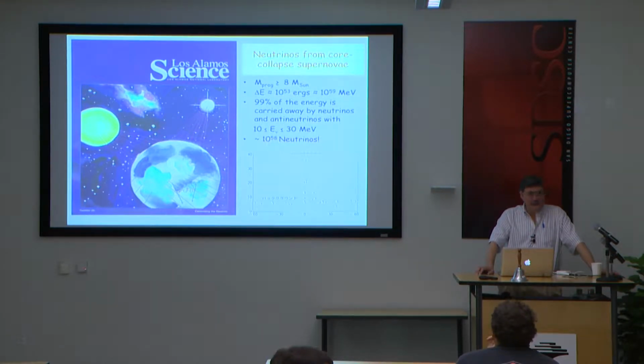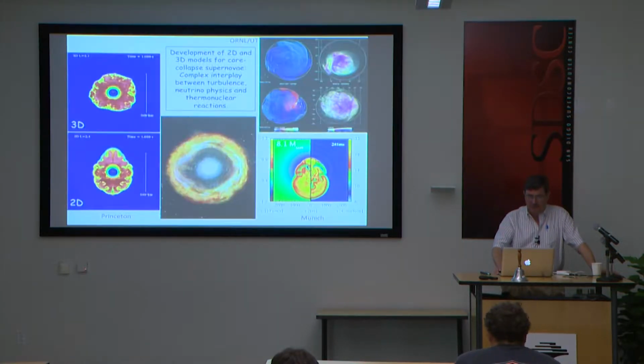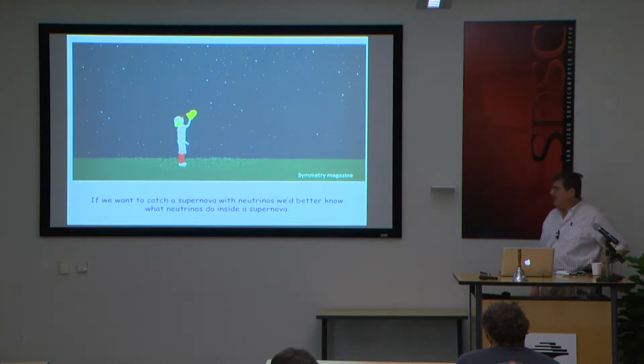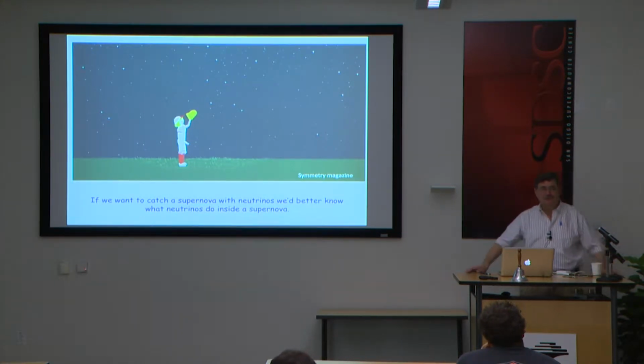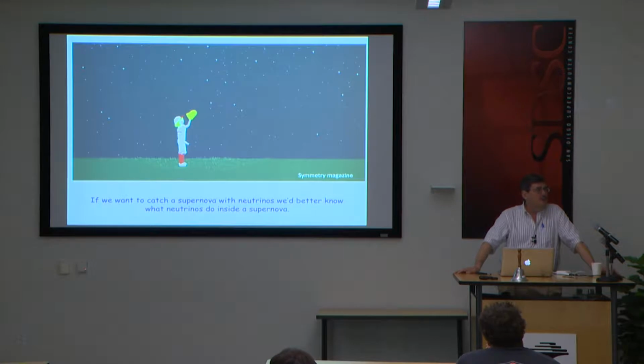We are hoping that in the next, who knows how many years, there will be a supernova, and we will be able to observe that supernova in neutrinos. Now, if you want to catch a supernova in neutrinos, you'd better know what neutrinos do inside the supernova.